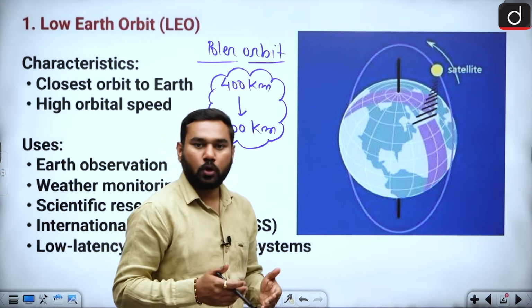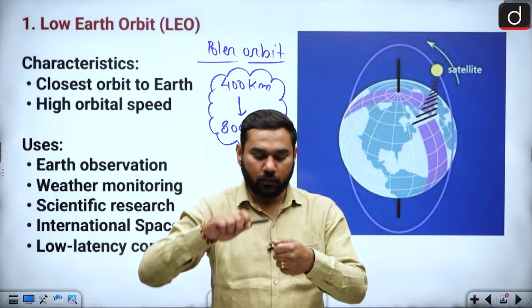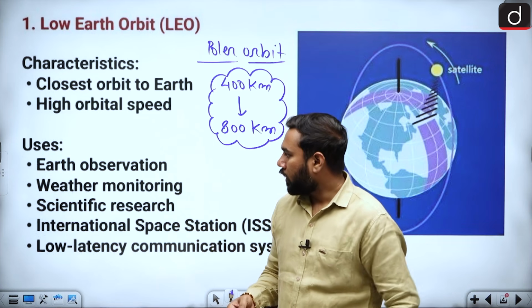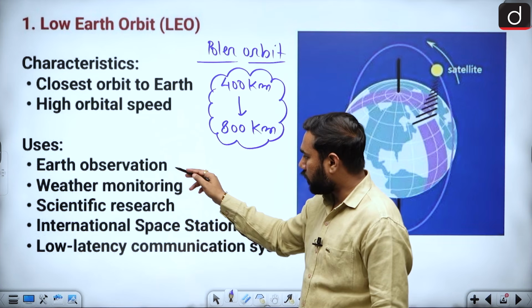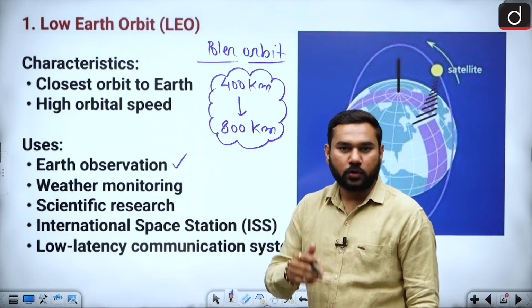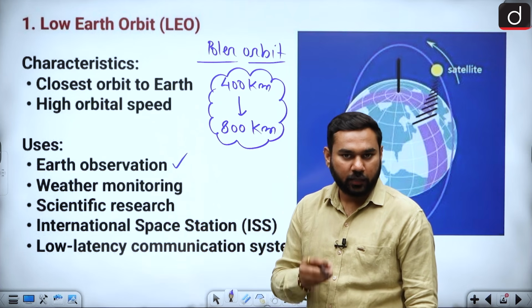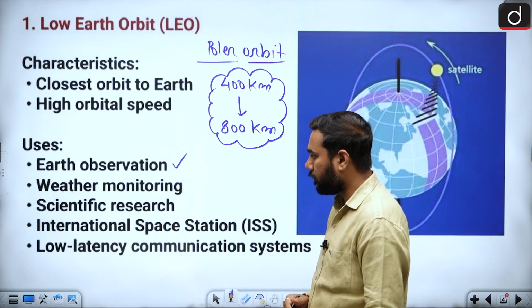Orbital speed means the speed at which the satellite moves around the Earth, and the use of this one is for Earth observation because you are placed very near to Earth's surface. So this helps you for Earth observation.